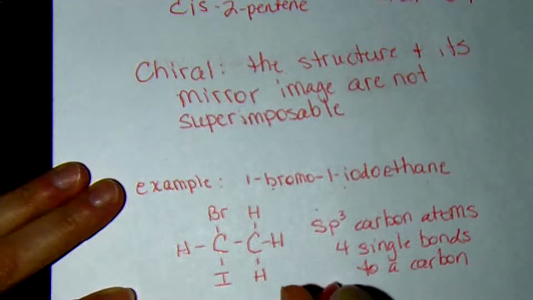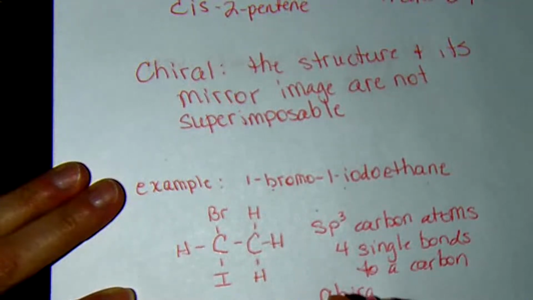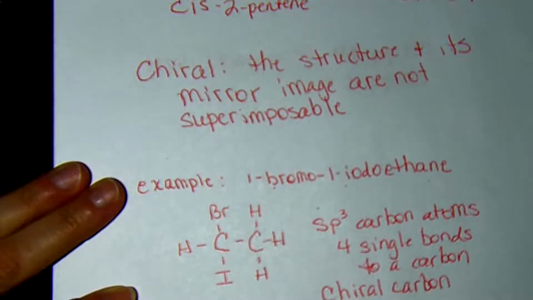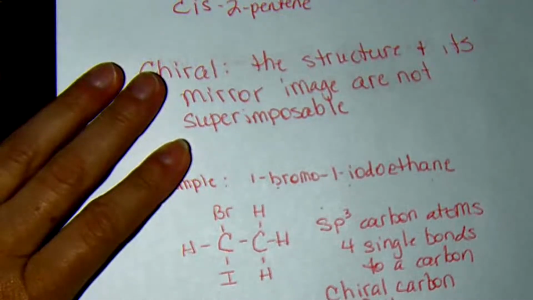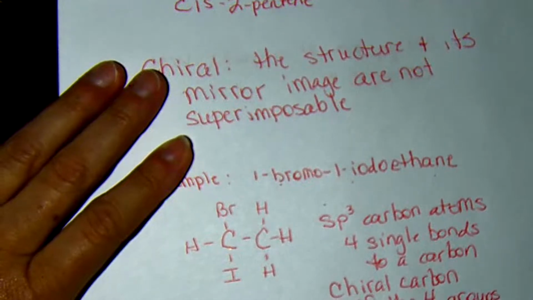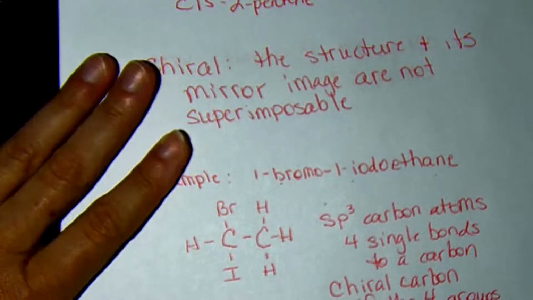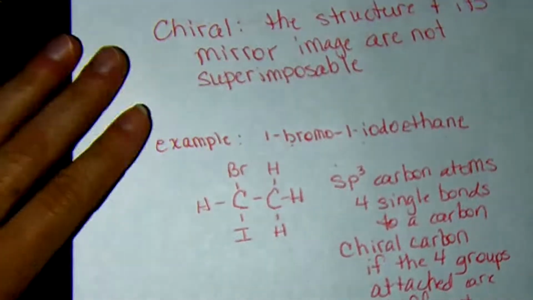You will have a chiral carbon if the 4 groups attached are different. They have to be different.